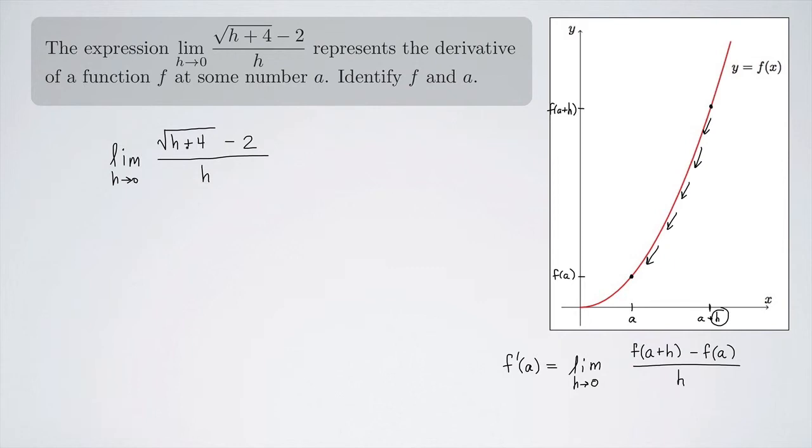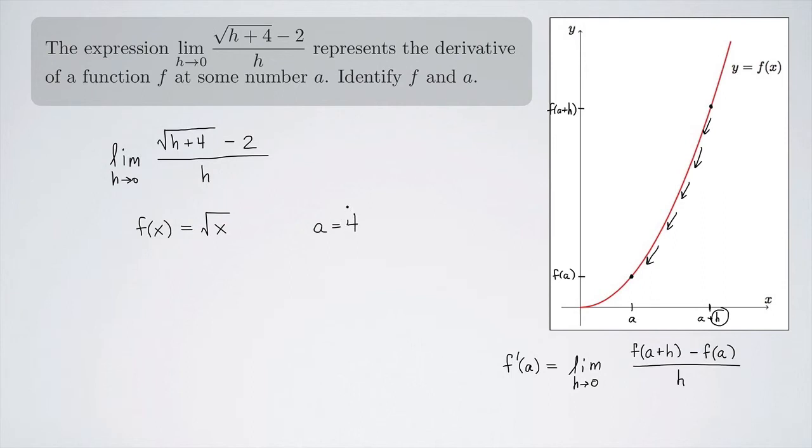Well, I see a square root here, so maybe we could try letting f of x be the square root of x. How about that? Because we know that this part is what's corresponding to this part, f of a plus h. Well, let's see here, f of a plus h. So that maybe means that the a is the 4. We can try it out. Remember, just try it out. If it doesn't work, you pick something else, but it seems likely.